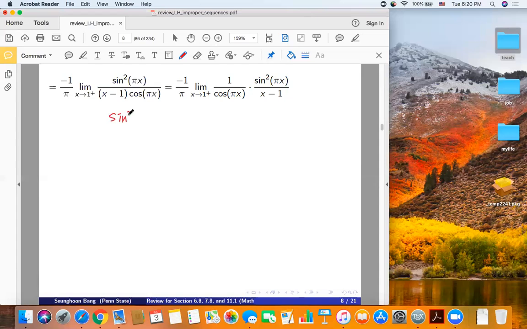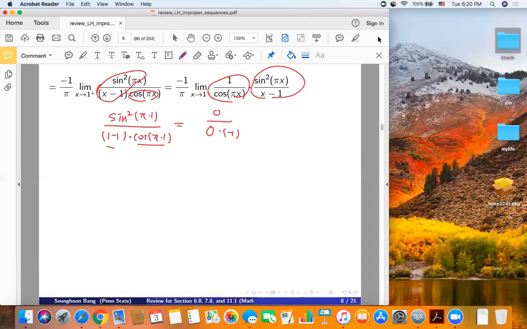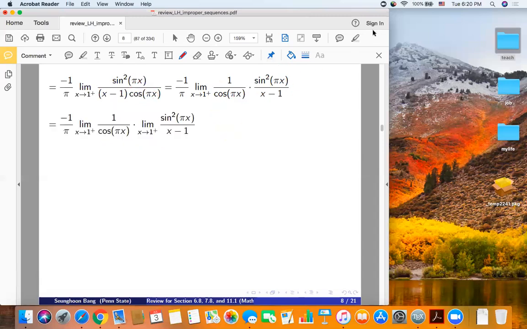Sine square of pi times 1 over 1 minus 1 times cosine pi times 1. What is sine pi? Sine pi is 0. 1 minus 1 is 0. Cosine pi is negative 1. So you have to split. The non-zero part, cosine pi x, is here. So this is 0 over 0 form. Okay, the split. So like this.